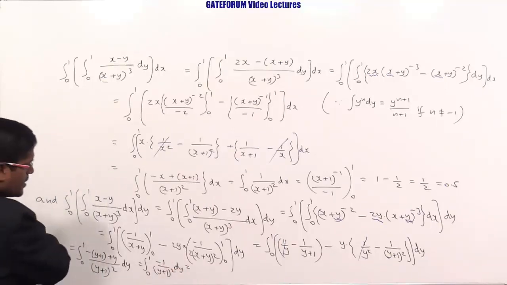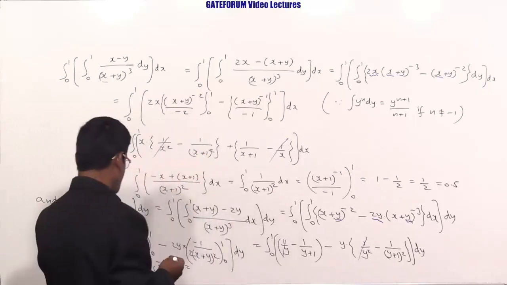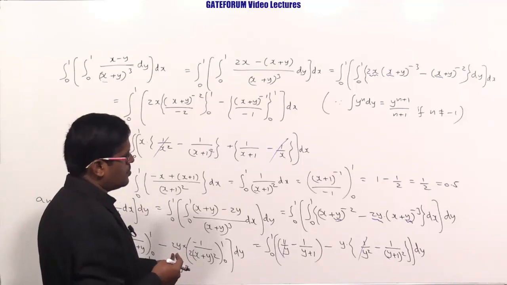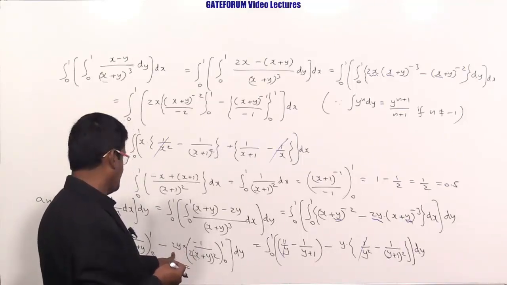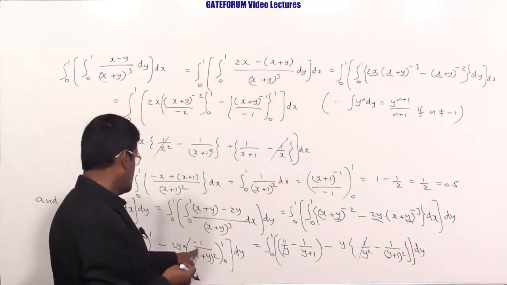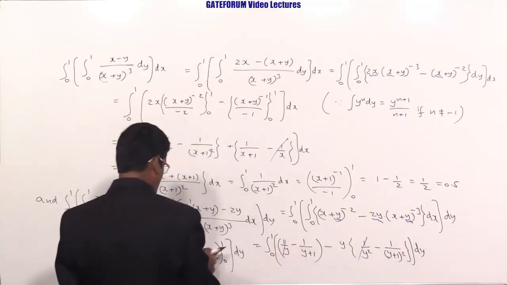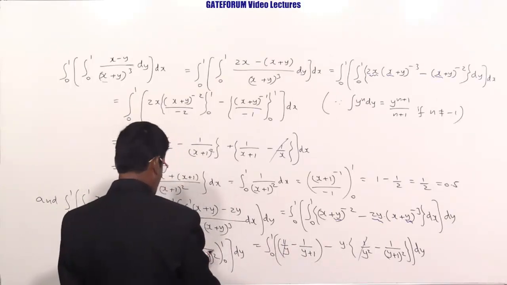So you will be getting x plus 1 by x cube minus 1 by 2x square. This is minus 2y, minus into minus plus, so 2 cancel, y into 1 by y plus 1.